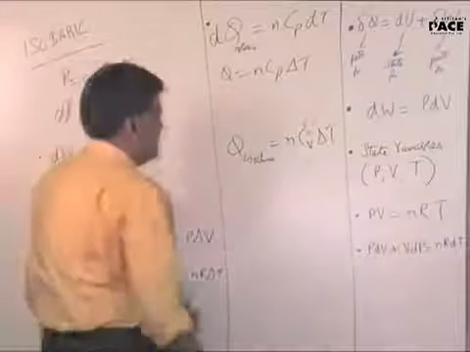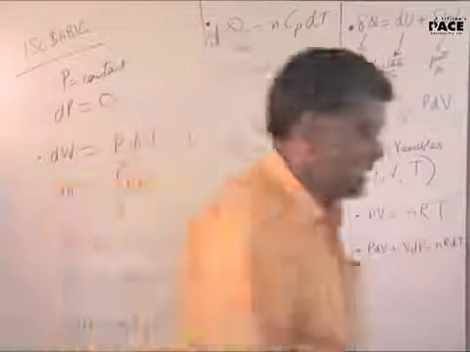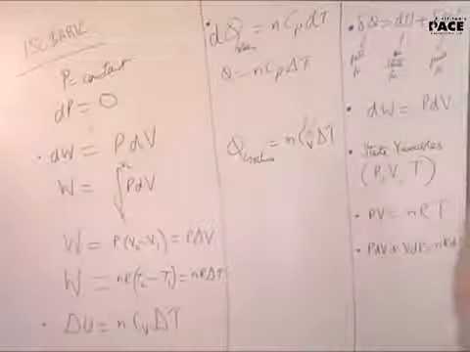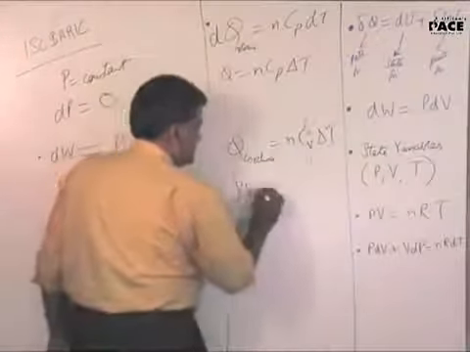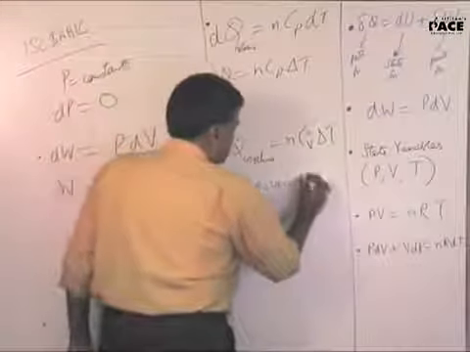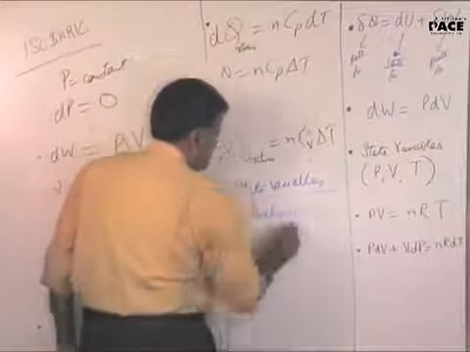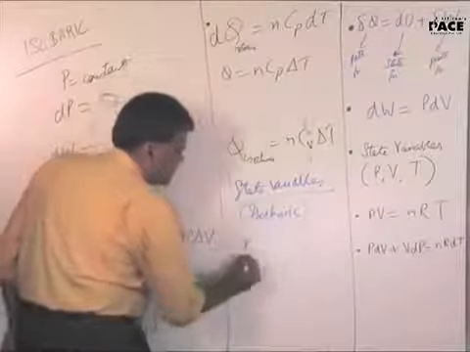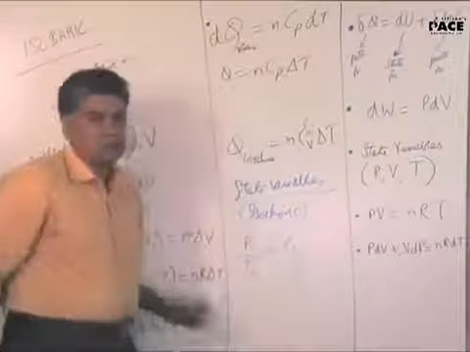I missed out something in the previous isochoric process. Just note that down. What is the state variable relation for the isochoric process? It will be P1 by T1 equals P2 by T2 because volume is constant.